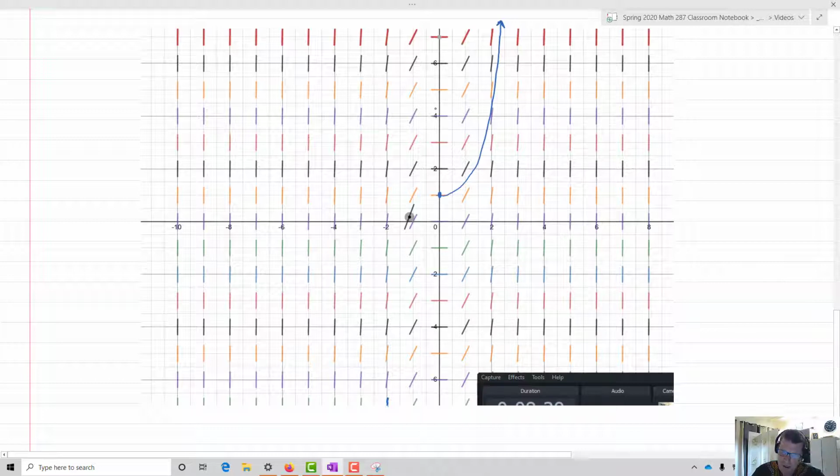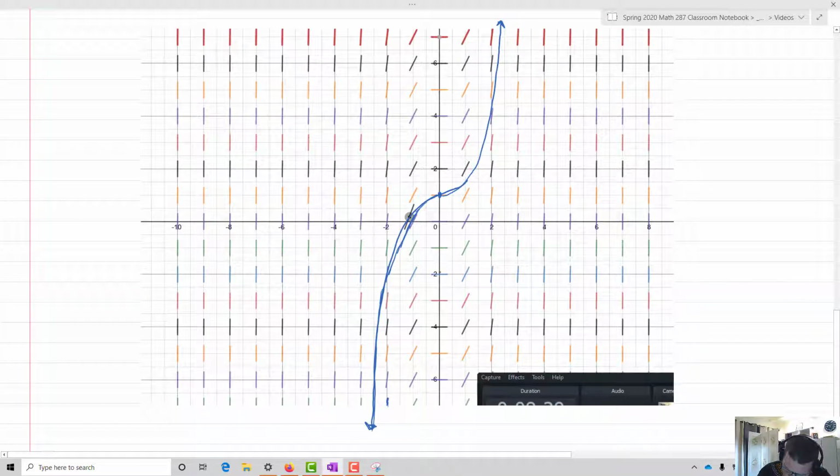By the same token, as I go in the negative direction, I also see that those slopes are increasing. So you can see that that's what the solution curve looks like.